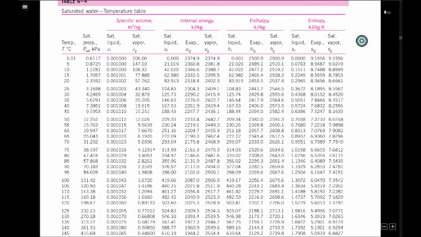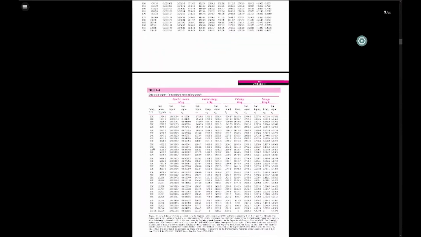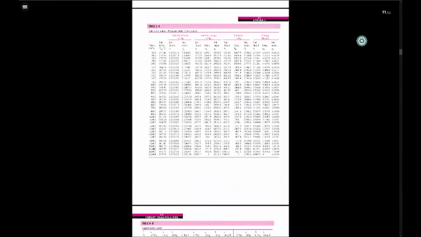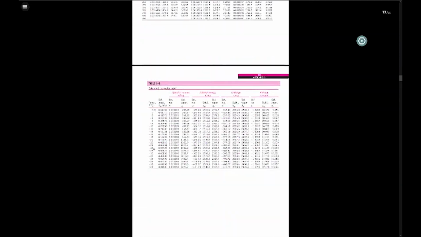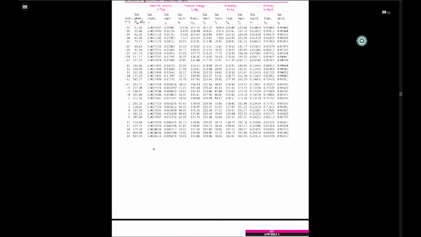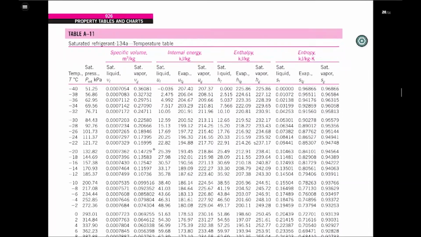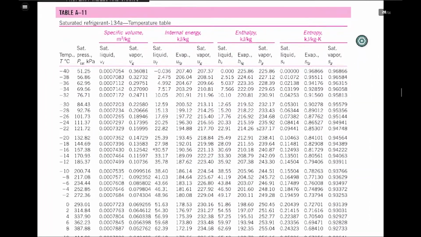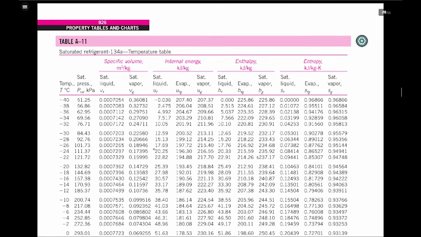This is saturated water, so I made a mistake here, sorry. We need to look at the saturated refrigerant, so it should be on your next table. A11 is your saturated refrigerant, so don't make a mistake, because it will give a very different amount for your enthalpy if you use the wrong table.